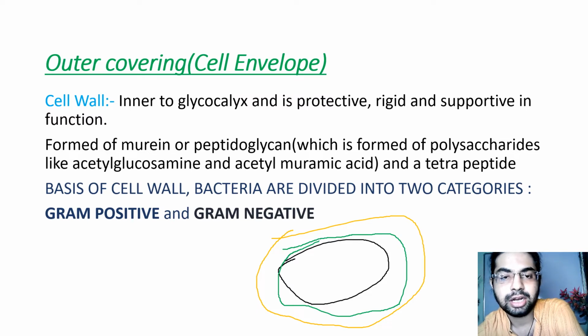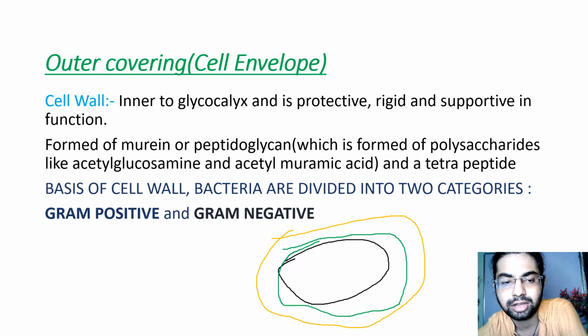It is protective, rigid and supportive in function because it is a part of the cell envelope. It is formed of murein or peptidoglycan. You should remember that this cell wall is formed of murein and peptidoglycan. Now what is peptidoglycan? It is formed of polysaccharides like acetyl glucosamine and acetyl muramic acid.